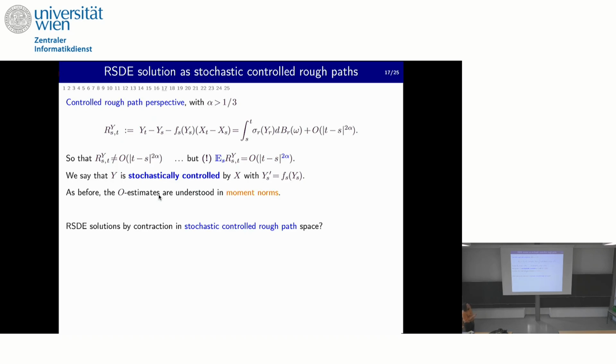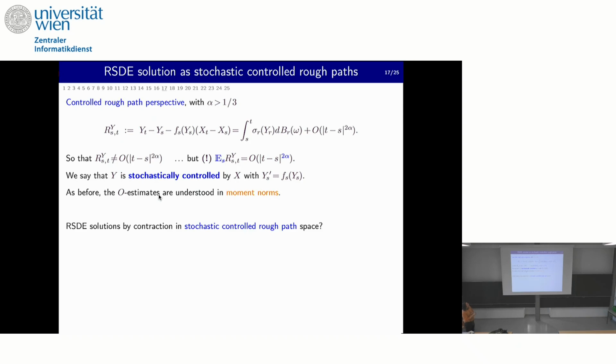So that's not small. That's on a scale comparable to this one. And then you have higher order terms. So in particular, the classical analytic condition that the remainder should be of order 2 alpha, which is what you do in classical controlled rough path theory, is not working here because this term messes it up. But all you have to do is take this conditional expectation, which will nicely kill this thing here, provided sigma is not crazy. So this is really a martingale increment. And then you have your good estimate with the 2 alpha.